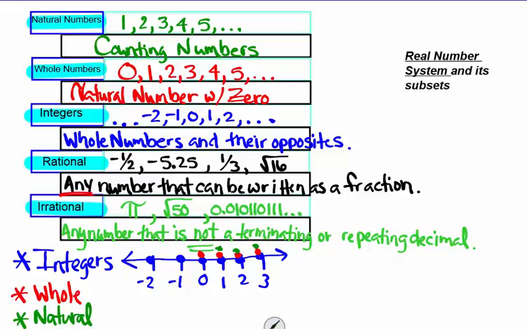Lastly is this whole set of real numbers. Remember that the real number set includes all 5 of these subsets. And so the real numbers are every single space on a number line.